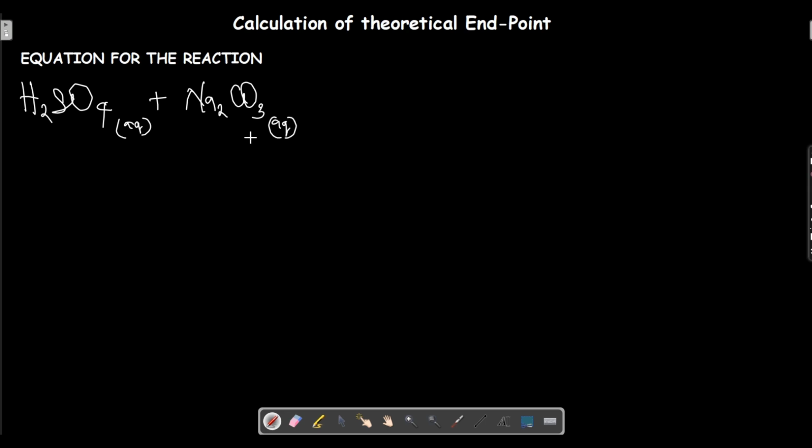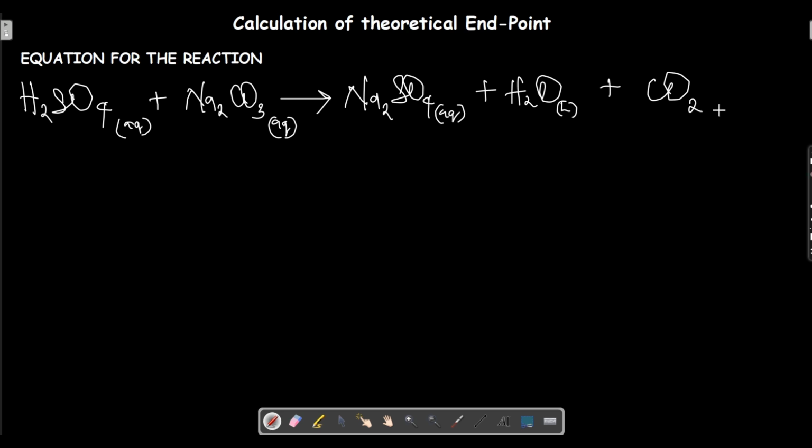This is one property of an acid: whenever an acid reacts with a carbonate, it gives you the salt of the acid, which is sodium tetraoxosulphate 6 salt, it gives you water, and then it gives you carbon dioxide gas. Please take note of this. You can check that the equation is balanced. So this is the equation for the reaction.